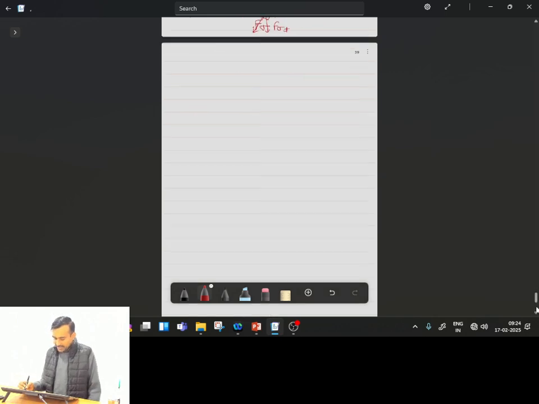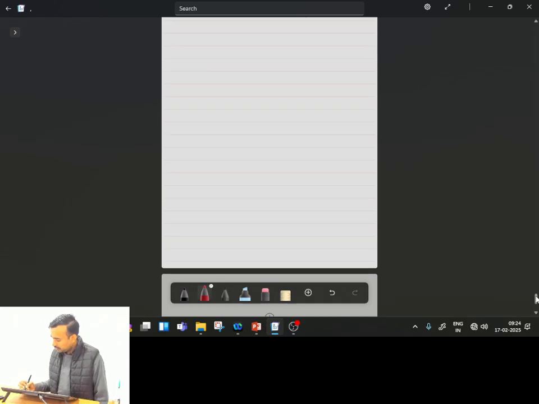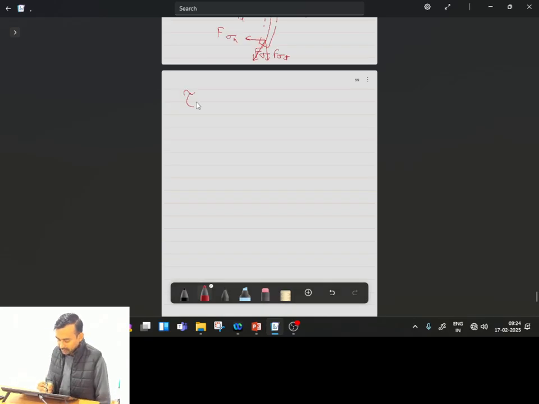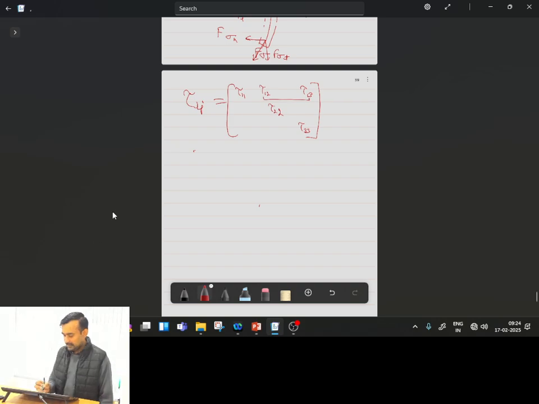Whenever we write the deviatoric stress tensor tau, we have tau ij. Here comes tau 11, here comes tau 22, and here comes tau 33. All the components involving 1, 2 and 1, 3 are the shear components. Here also I will have shear components likewise.